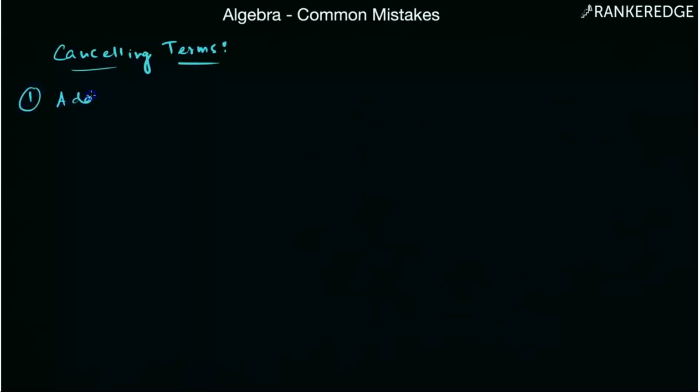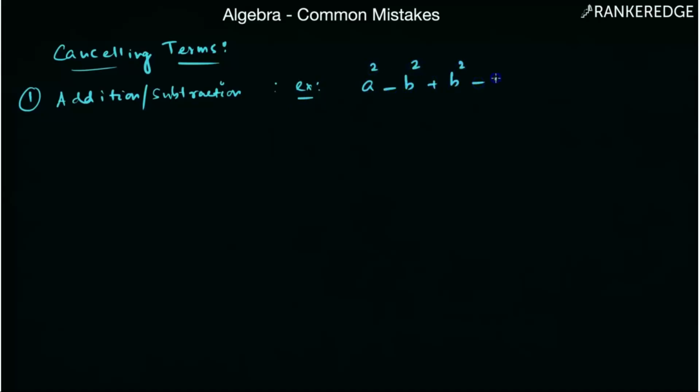Next one, cancelling terms during addition, subtraction and multiplication, division. Cancellation of terms during addition, subtraction. Let's take an example. If I have a cyclical expression like this, a square minus b square plus b square minus c square plus c square minus a square, what would this give me?